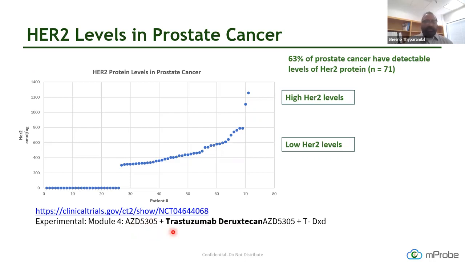This is something I would encourage folks to look into, to know what your HER2 protein levels are. Where in this chart would the prostate cancer fall? If it is high enough, there are a lot more options. If it is low enough, there's at least one option that's opened up.